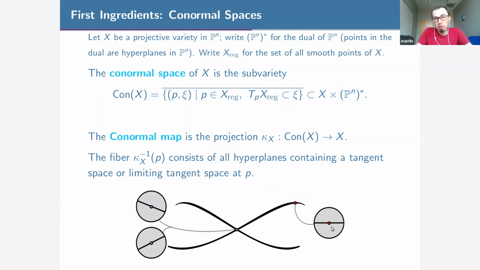The fiber is not just going to be the plane, it'll be the pair of the red point and the tangent plane together. And then the fiber over the blue singular point is going to be the two limiting tangent planes, both paired with that same point. So the one that limits coming from this direction and the other that limits coming from the other direction.